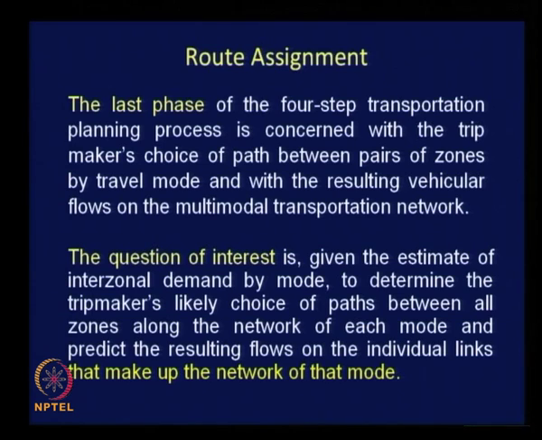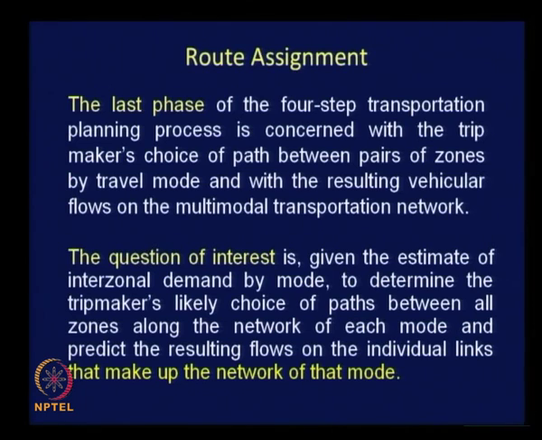Buses will follow a specified route. So, the number of links used by bus transit will be different from the pattern of movement by private transport modes, isn't it. So, that is how we need to understand the links related to a specified mode of transportation, right.